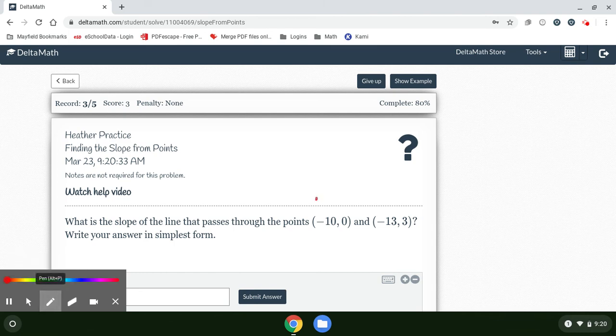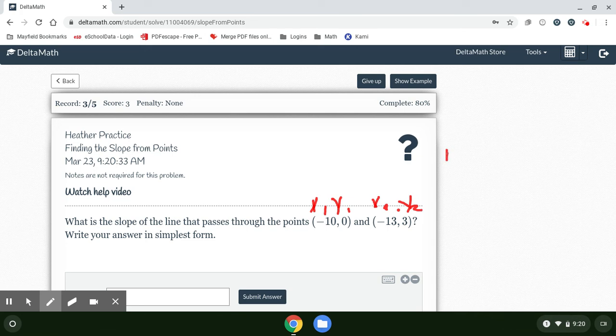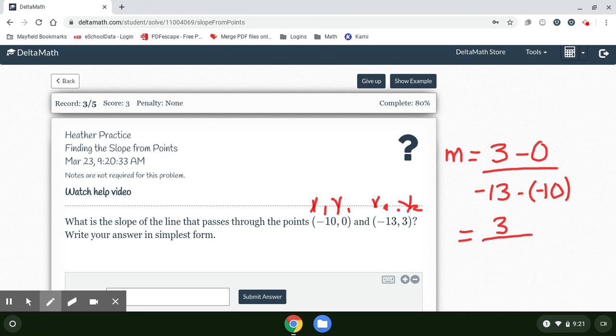So same thing, x1, y1, okay, x2, y2. I'm going to do y2, 3, minus y1, 0, over x2, -13, minus x1, -10. 3 minus 0 is 3. -13 minus -10 is -3.